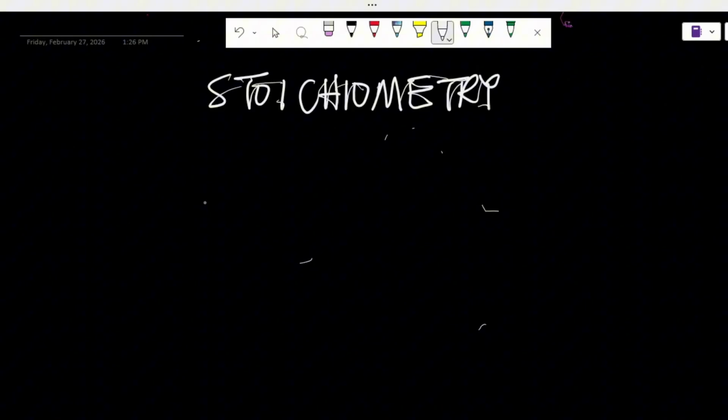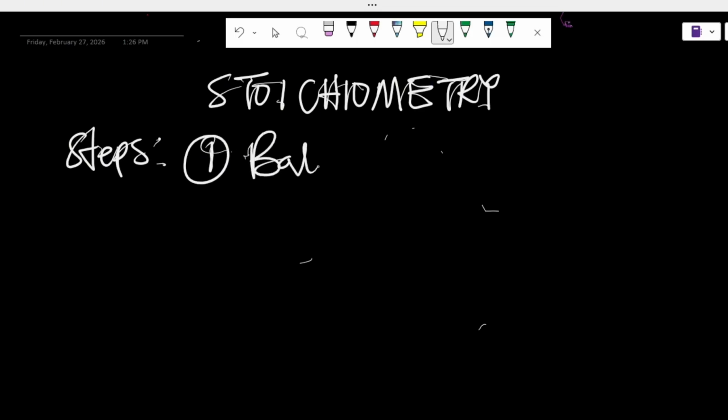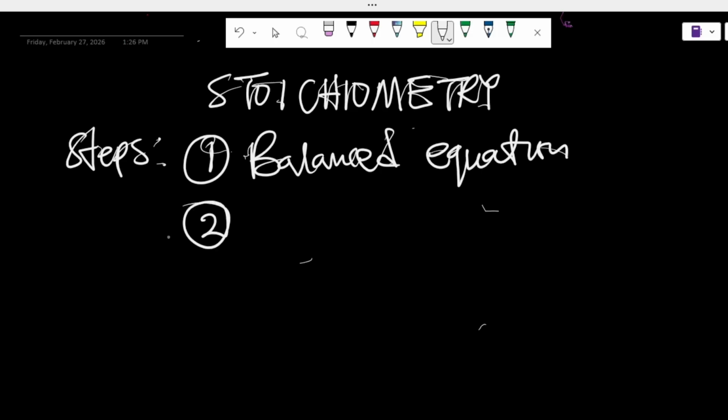So there are some steps that you need to be familiar with. So here are the steps that you need to keep in mind. First, make sure that you write a balanced equation. And after you've written a balanced chemical equation, then find the number of moles.